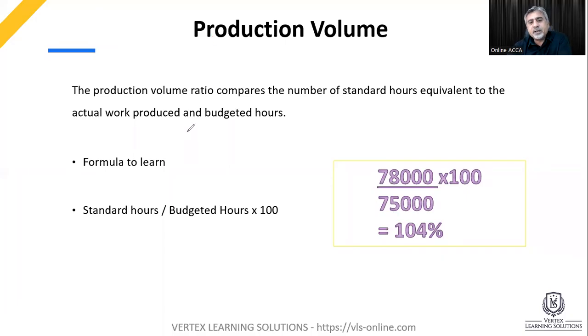Let's check it. The first one, efficiency, was 91.76%. The second one, capacity, was 133.33%. If I multiply these two, let me do it on my calculator. You can also check it yourself so that you are confident. 91.76 multiplied by 133.33, divided by 100.